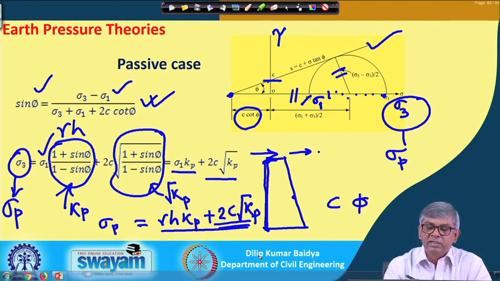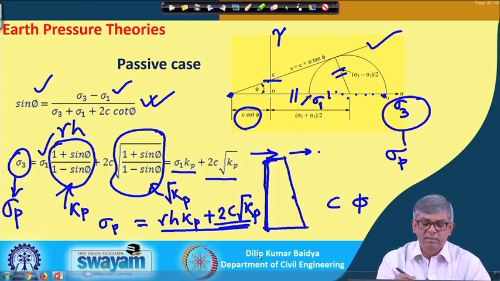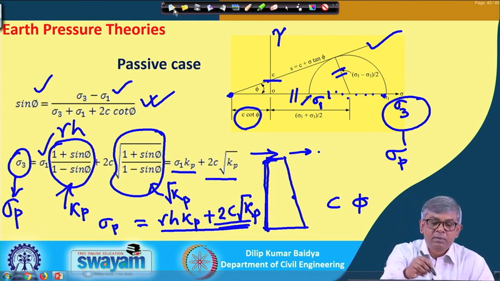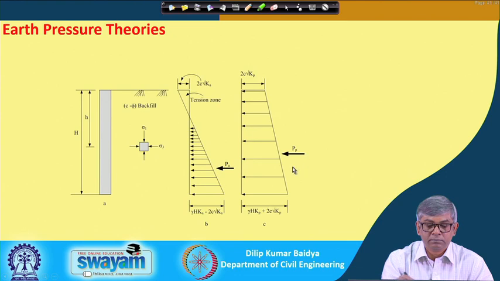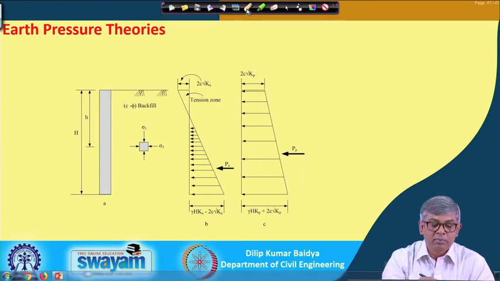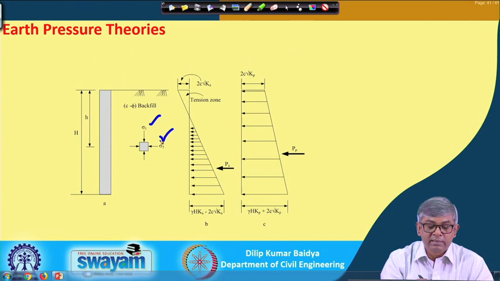So, two important expressions you have to remember. I will go to the next slide and show you. As I have shown before, if this is the wall, at height h this is sigma 1 and this is sigma 3.